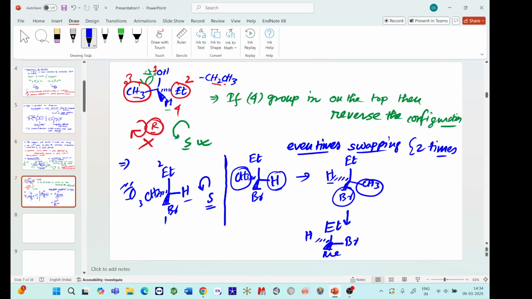Yeah, hydrogen. So now you can see 1, 2, 3 moving anti-clockwise, it will be S. So already I have written S here. This one you can do if you have very good visualization power, so you don't need to go through these steps. Otherwise you do double swap and then you check it.